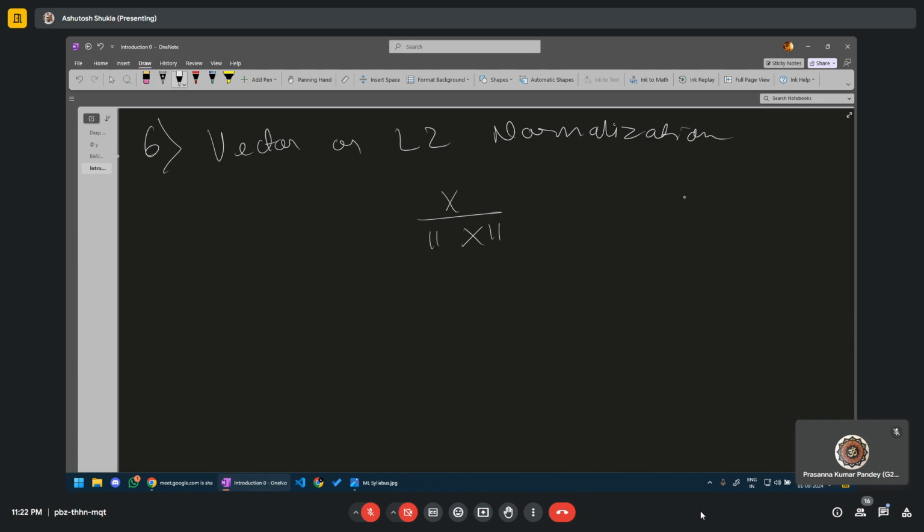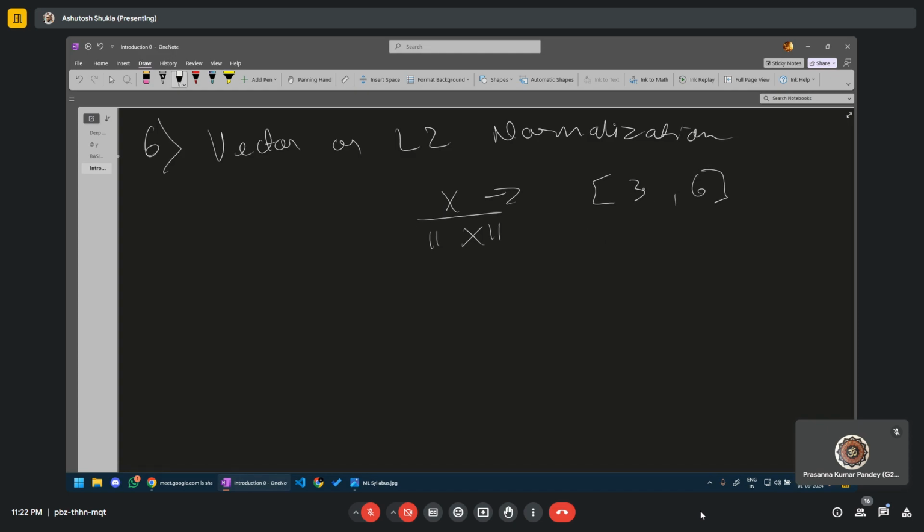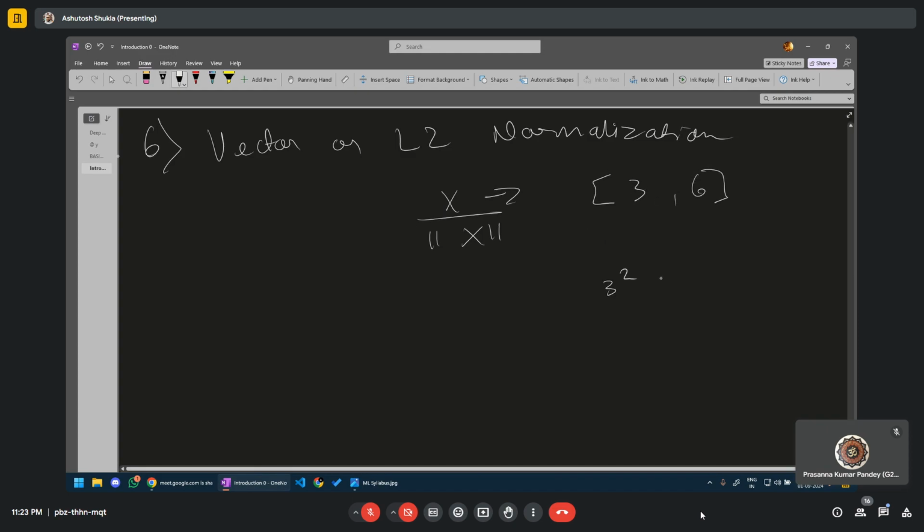So this feature has to be something like a two-part thing, 3,6 or 2,5. Then you take that 3, square it, plus 6 squared, find the square root of that, and that is what this is equal to. If x is equal to this, then the L2 normalization would be division by this.